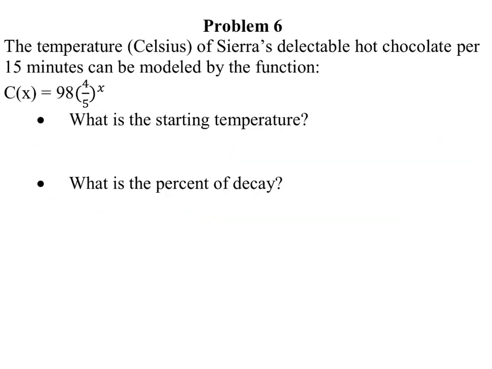Moving on to the next one, number 6 here. So temperature, so here's delectable hot chocolate every 15 minutes. It's given by that. What's the starting temperature? Well, that's your initial value. That's going to be right there. That's going to be 98 degrees. What's the percent of decay? Well, this right here is not a percent as it sits right now.